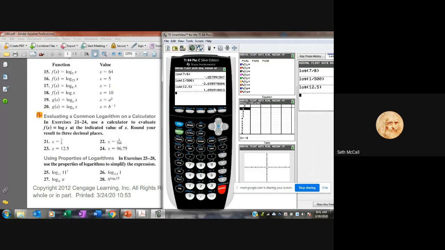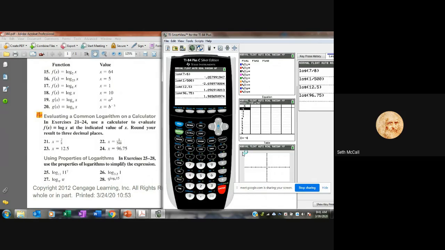That gives us 1.0969. And our last one that we were asked to do for that set was log of 96.75, which gives us 1.98565.